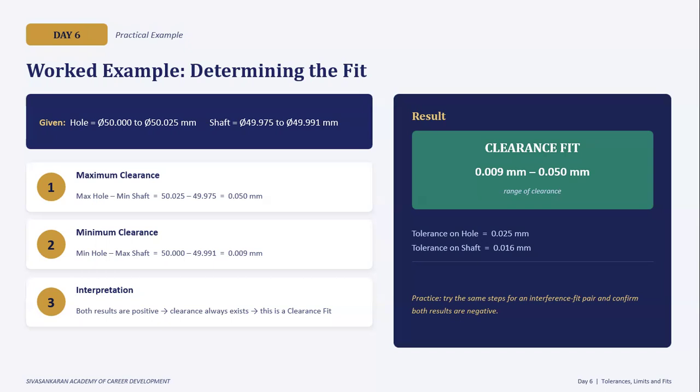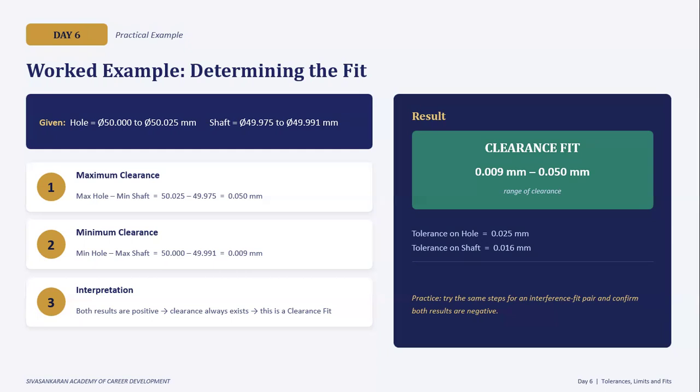The minimum clearance is the minimum hole size minus the maximum shaft size. So 50 minus 49.991 gives a clearance of 0.009 millimeter. Since both values are positive, a clearance fit is used for this type of assembly joint. So here the clearance ranges from 0.009 to 0.050 mm.